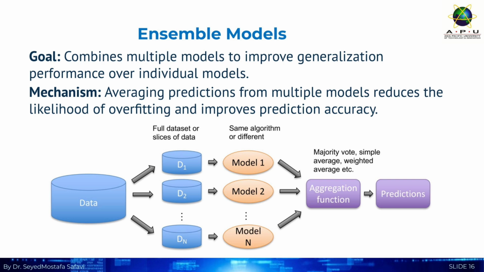If one model makes a bad prediction, the others can correct it. The mechanism is often averaging predictions from multiple models. This process significantly reduces the likelihood of overfitting and improves overall prediction accuracy. Think of it like getting a second, third, or fourth opinion before making a big decision. The consensus is usually more reliable than a single expert.